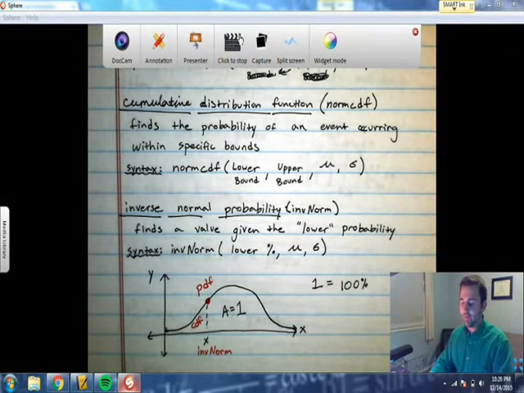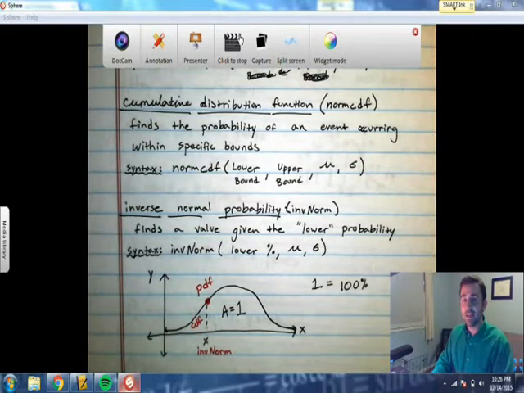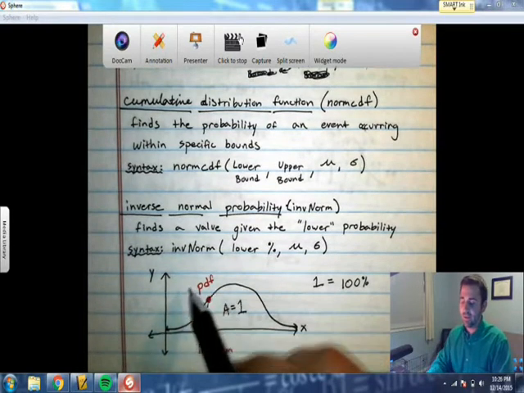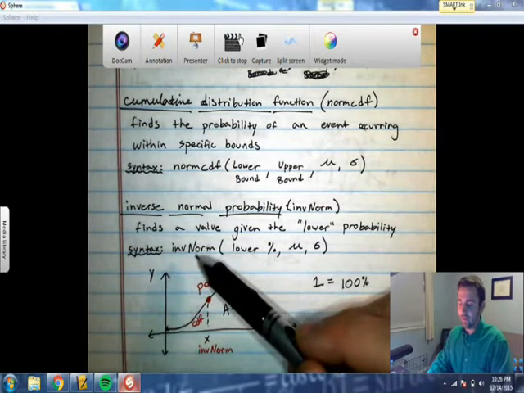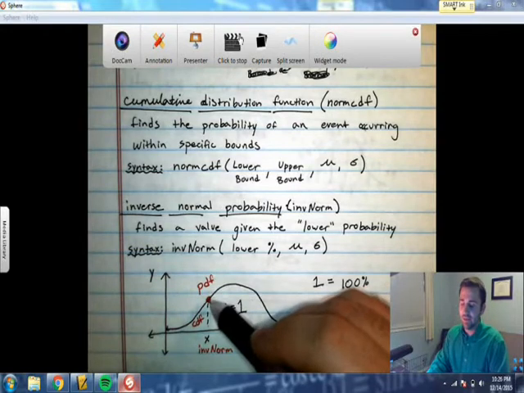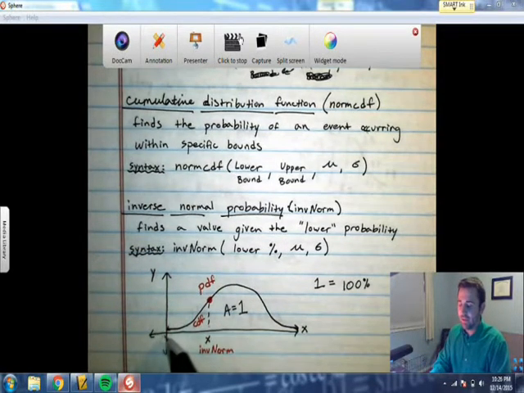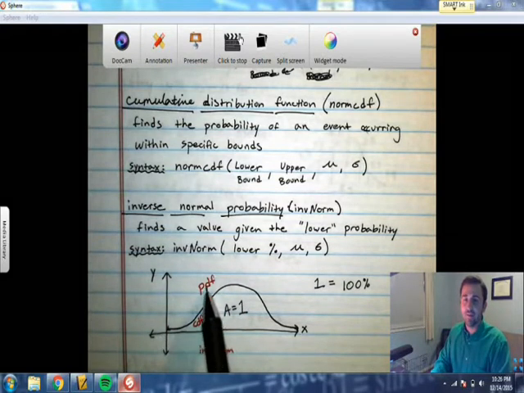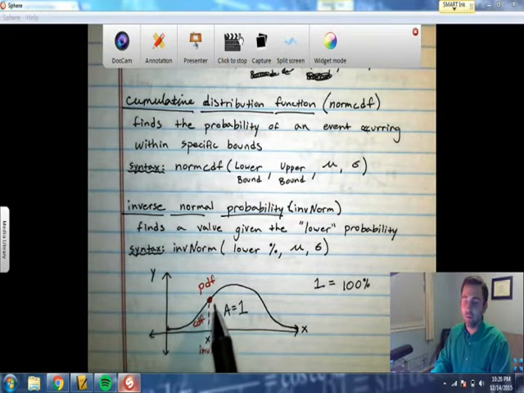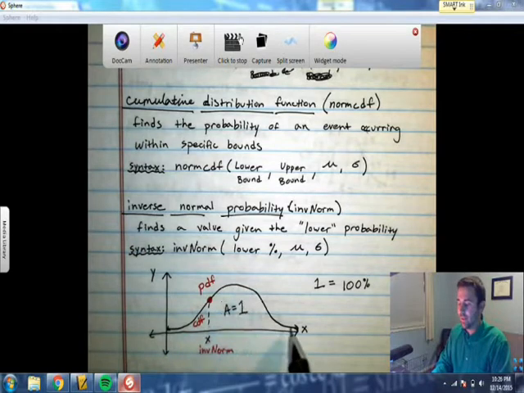However, to find the probability of a single event occurring, that's where we use the normal density function, the PDF. Given an x value, find the y probability, and y is the point that lies on the curve.